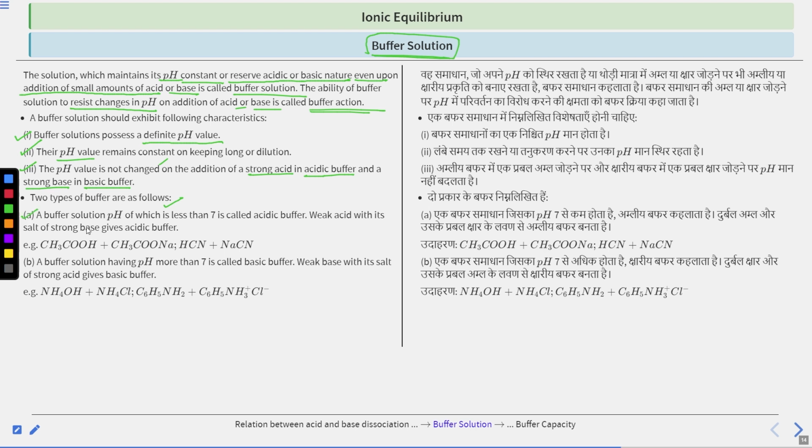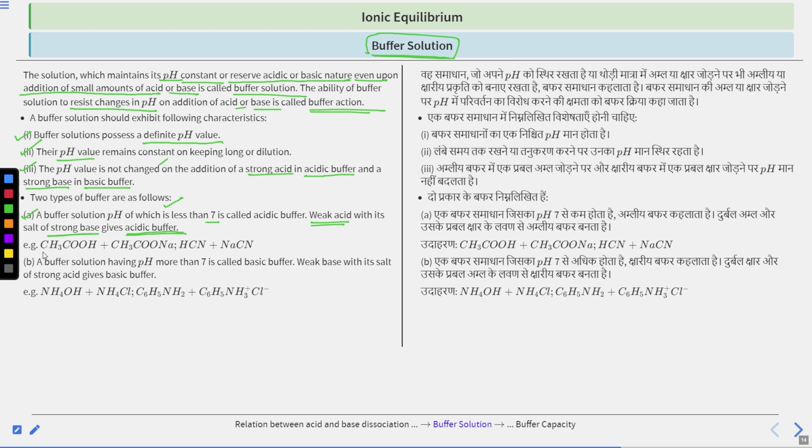First, a buffer solution whose pH is less than 7 is called an acidic buffer. A weak acid with its salt of a strong base gives an acidic buffer.